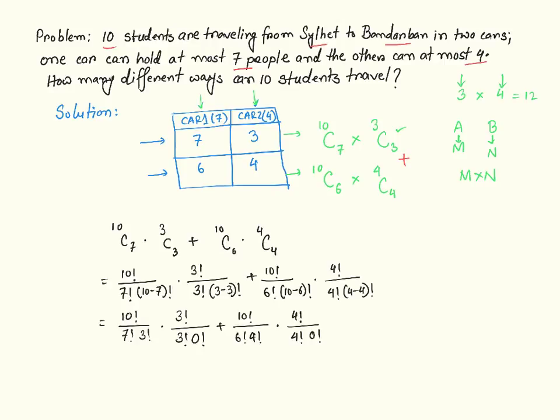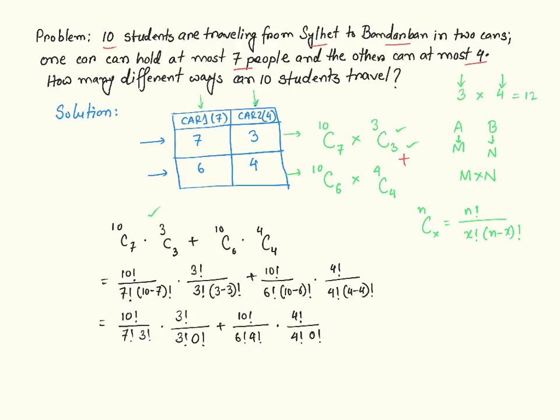Now let me go ahead and explain what I am doing here. Remember the formula: nCx is equal to n factorial over x factorial times n minus x factorial. That's what it is. A combination formula, combination of x items from a group of n distinct items.